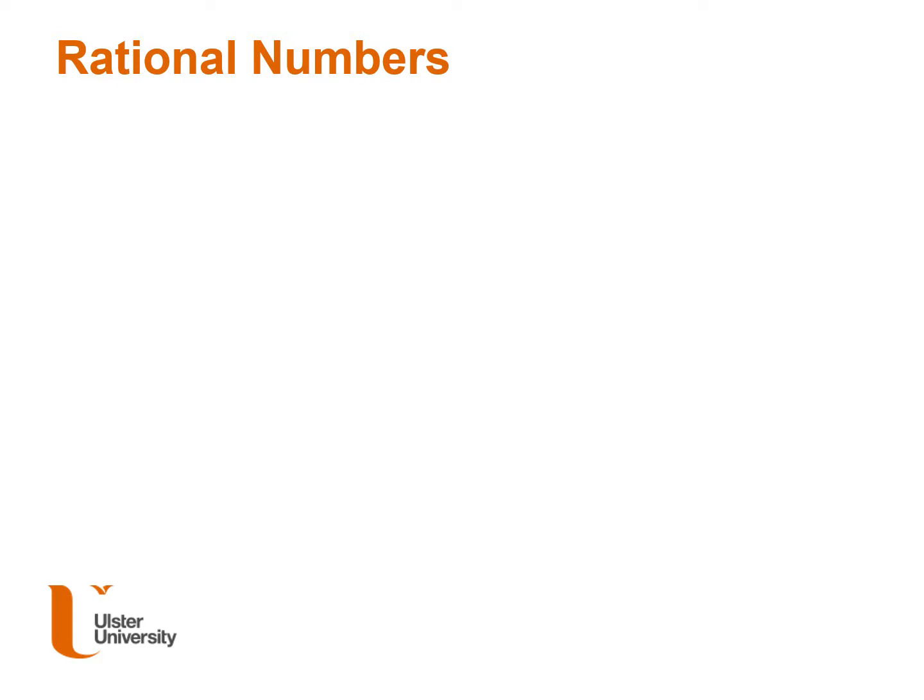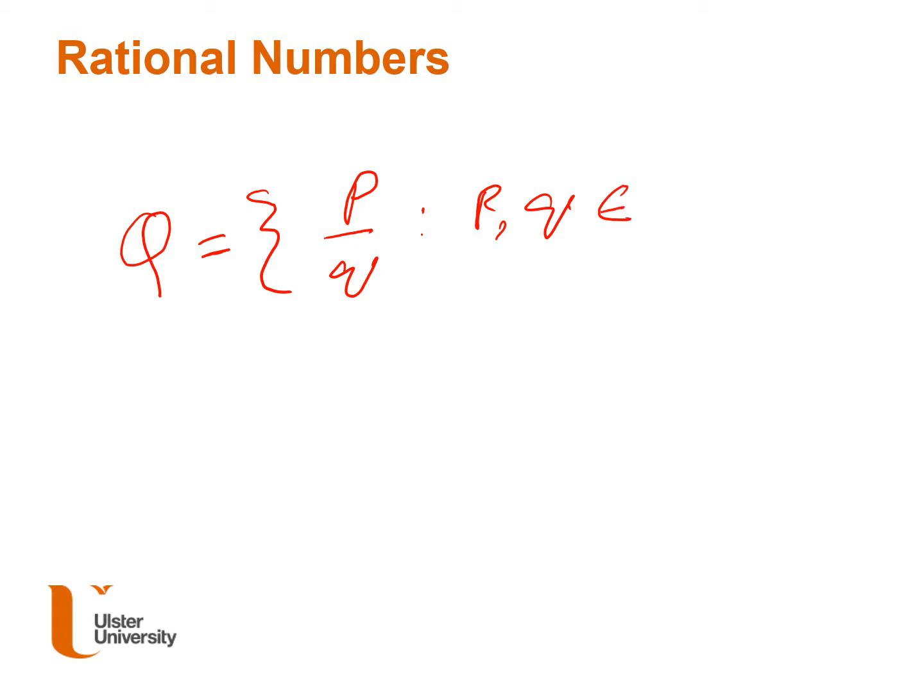The set of rational numbers is denoted by Q. These are the real numbers which can be expressed as a fraction, for example p over q, such that p and q are elements of the integers, and the denominator is not equal to 0.